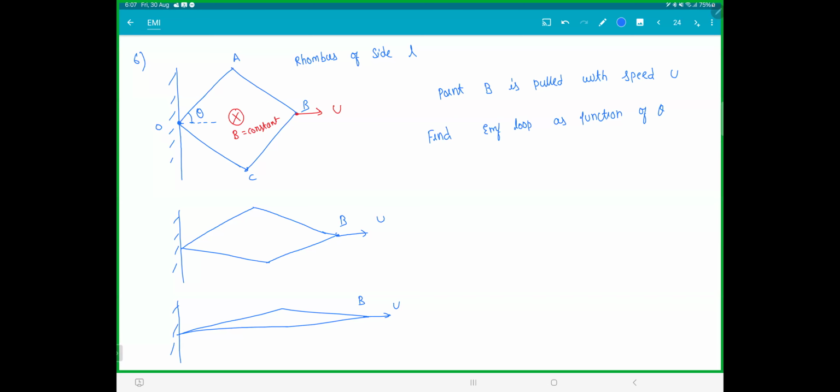Step 1, find the flux as function of theta. Step 2, differentiate. 2 BL sine theta. How the hell did you get that? Nope, that's not the answer. Try. I'll give you a minute.